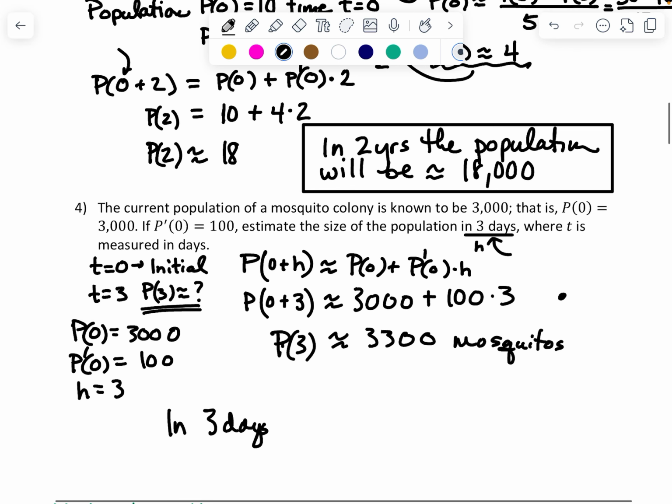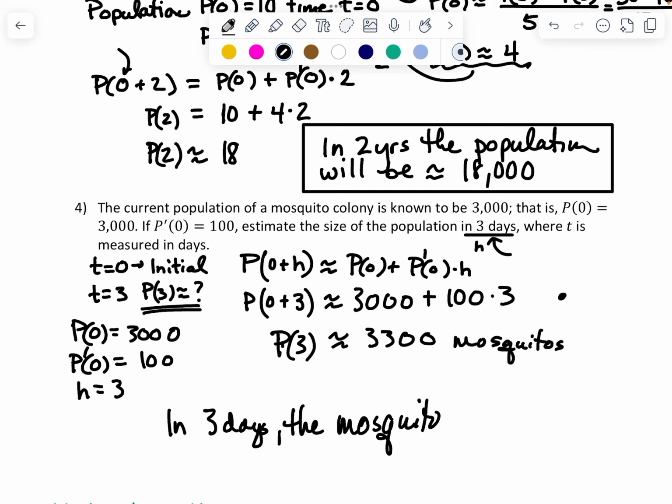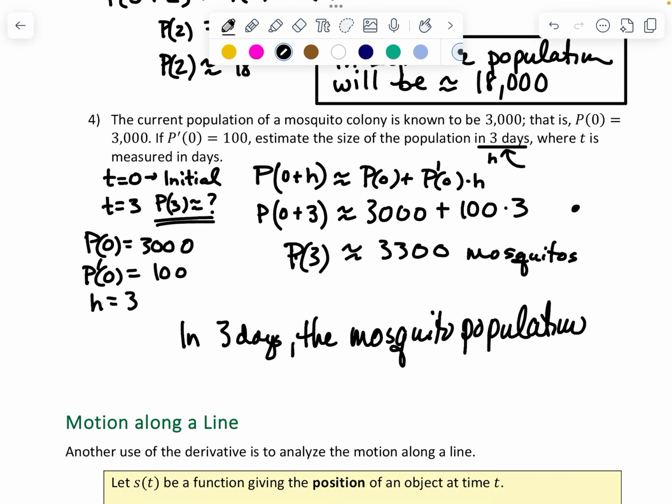So it says, estimate the size of the population of mosquitoes in 3 days, where t is measured in days. So in 3 days, the mosquito population will be about 3,300.